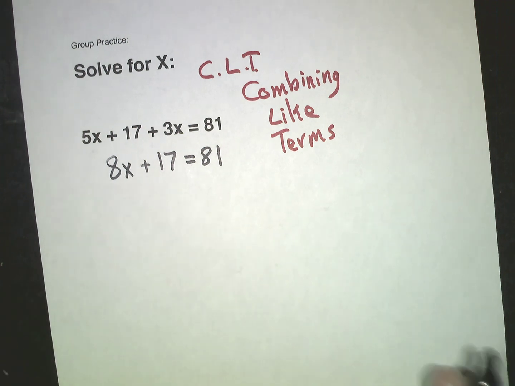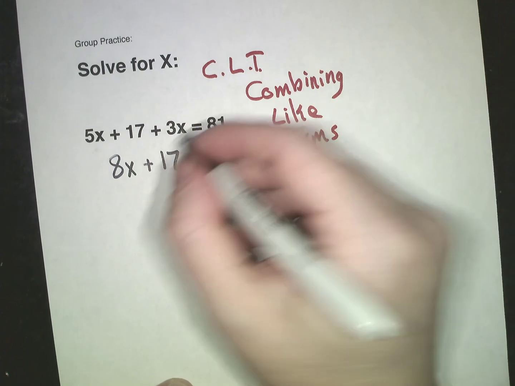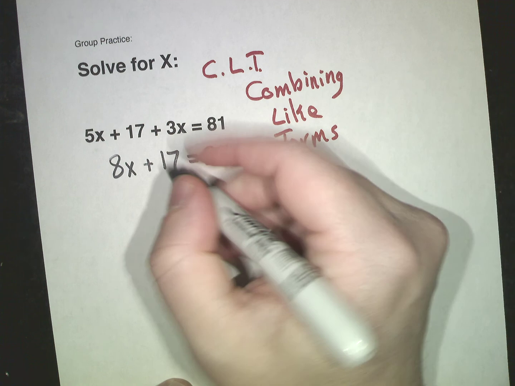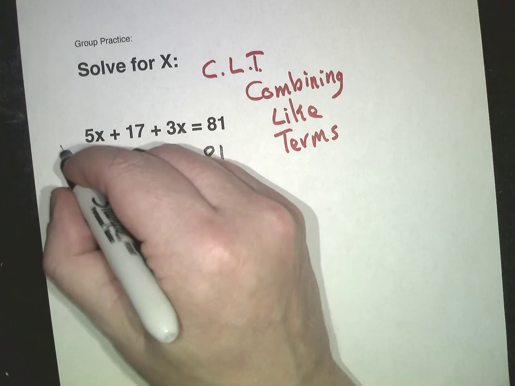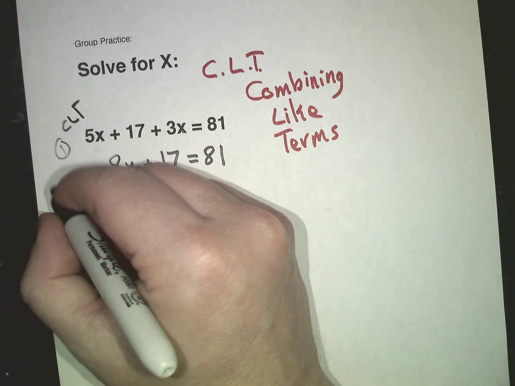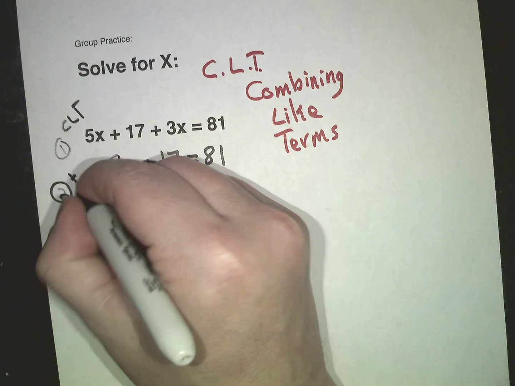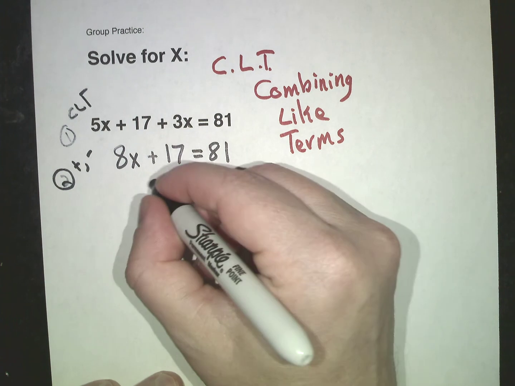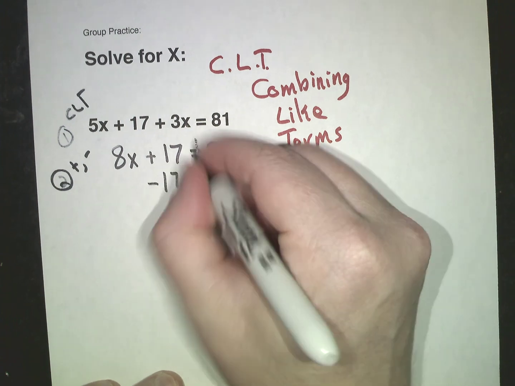If you remember the rules from yesterday, second step, we always do addition or subtraction second. So step 1, we combine like terms. Now, second, we do addition or subtraction. In this case, this is plus 17, so I have to do subtraction, minus 17.